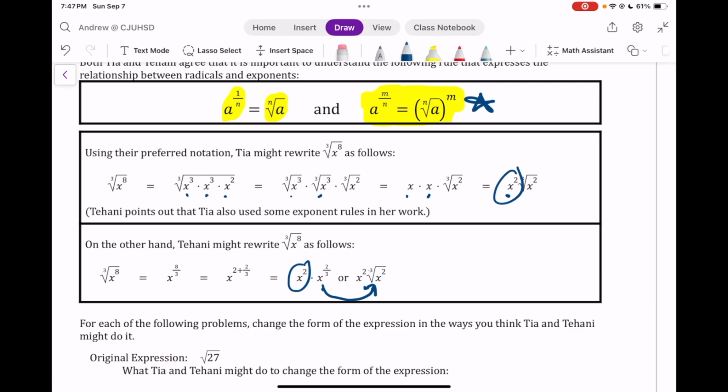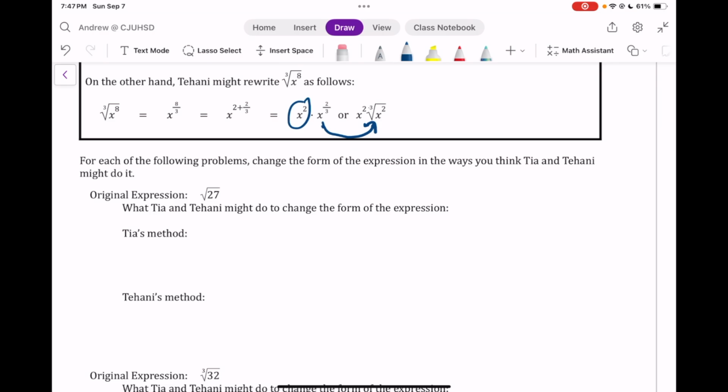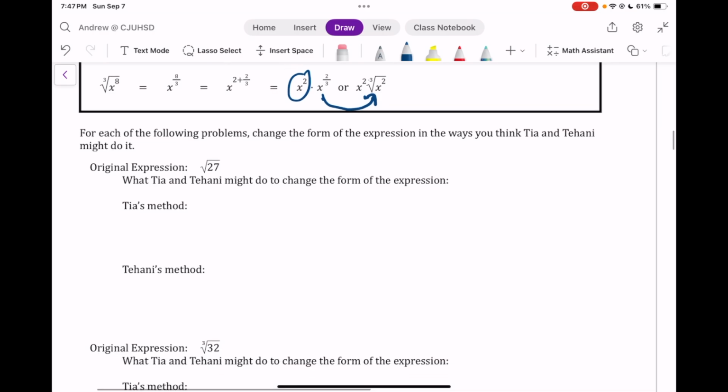Okay, so for each of the following problems, we're going to change the form of the expression in ways you think that each person might do it. So here's the expression, square root of 27. So Tia's method would be, let's think of all the factors of 27. That would be 3 times 3 times 3.